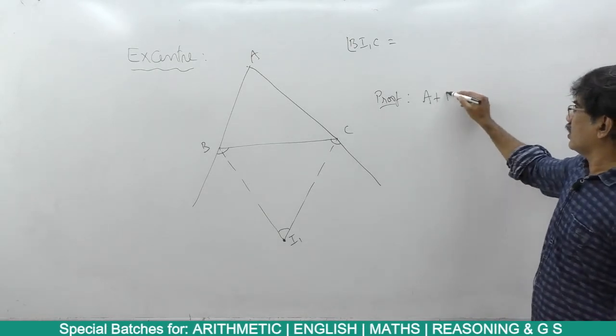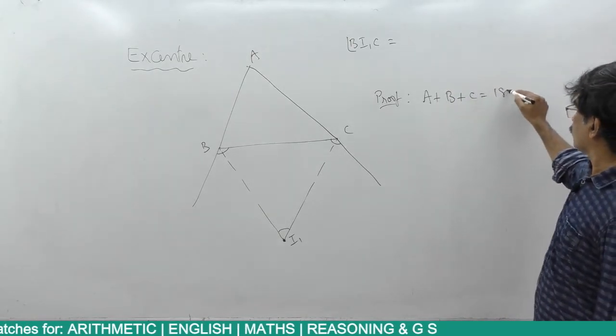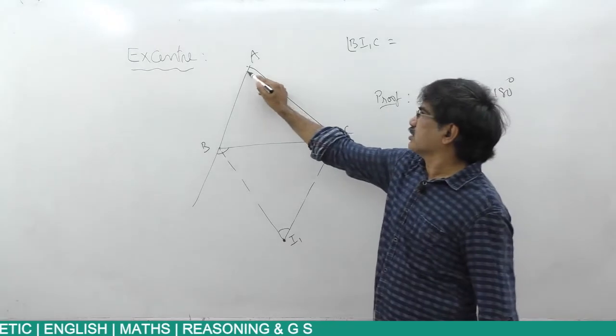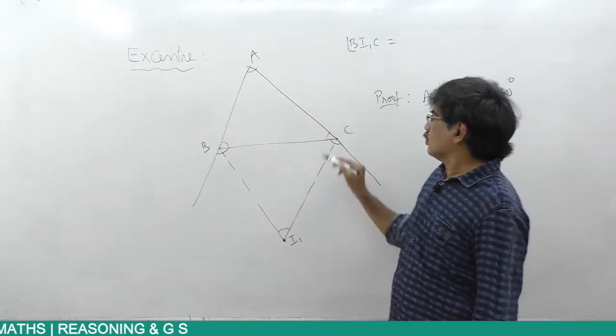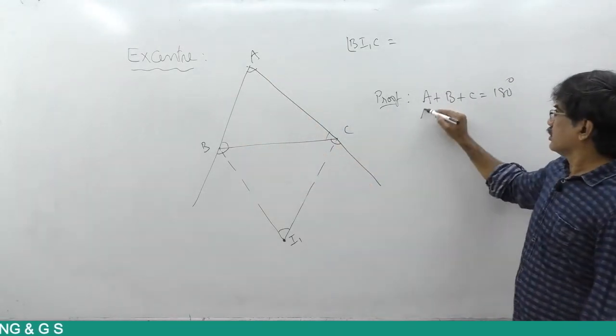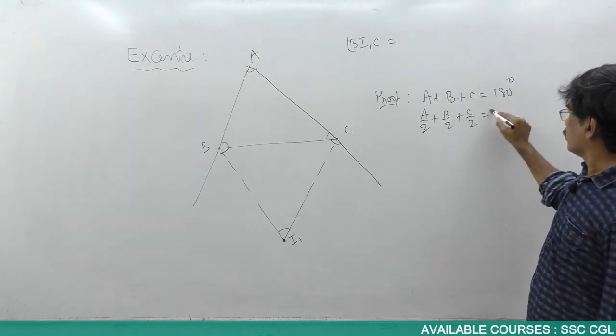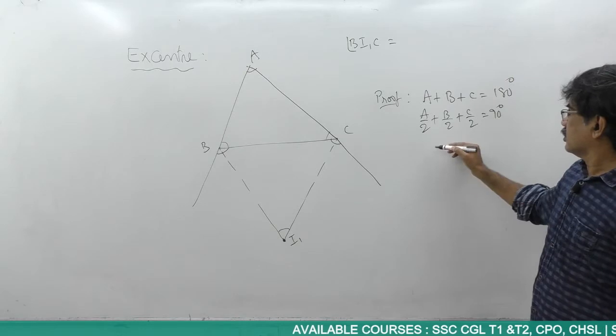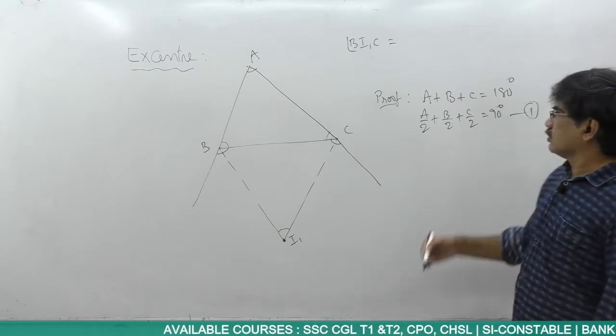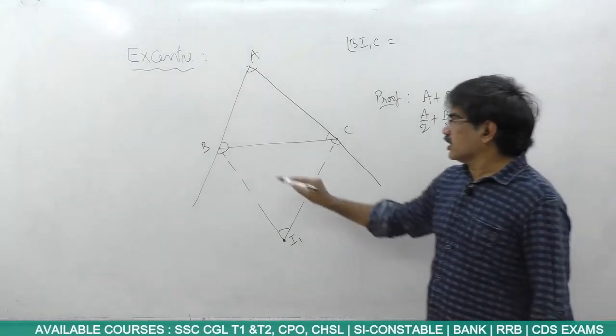What is the sum of all these three angles? It is equal to 180 degrees, the sum of interior angles of a triangle. A by 2 plus B by 2 plus C by 2 is equal to 90 degrees. Okay, this is 1.